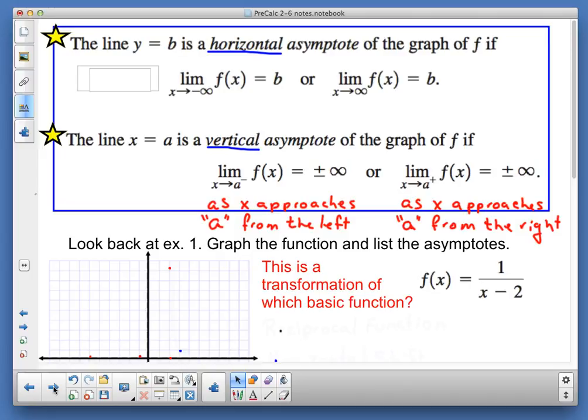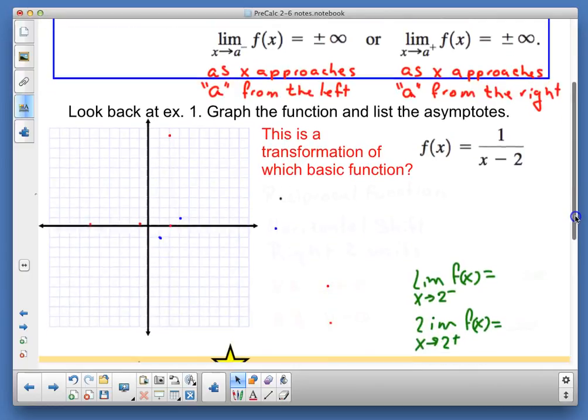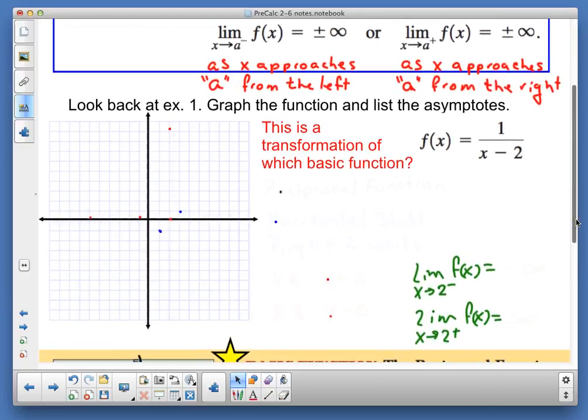The graph we're starting out with is exactly the one I did on the front side. What I'd like you to do is keep in mind what was going on with that front side. I kind of demonstrated it because I want you to try this one on your own. You got to watch because you didn't have a graphing spot. So go ahead and give it a try. This is a transformation of which basic function?